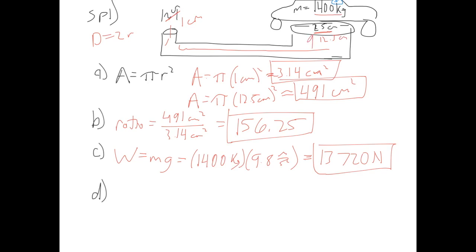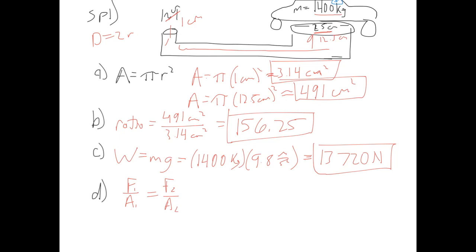So the pressure from the left-hand piston is going to equal the pressure out on the right-hand piston. And pressure is force divided by area. So force 1 divided by area 1 is going to equal force 2 over area 2. So the pressure at point 1 is going to equal the pressure at point 2.